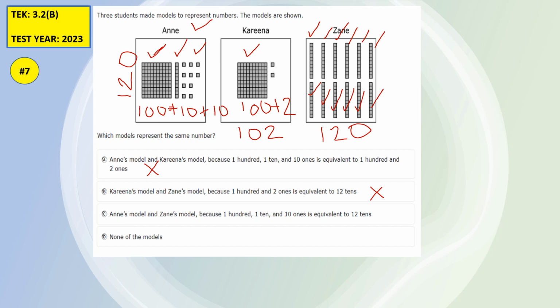Well, that's true, because 100, 10, and 10 ones is equivalent or equal to 12 tens. And that's true. So our answer is C.